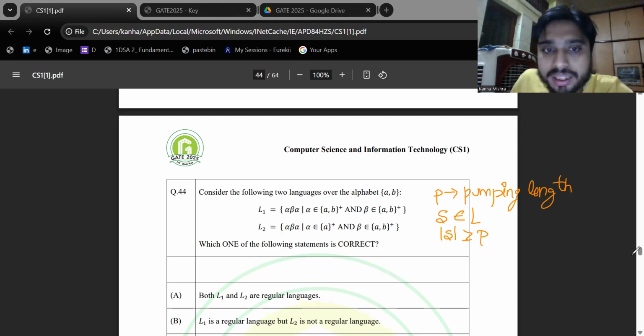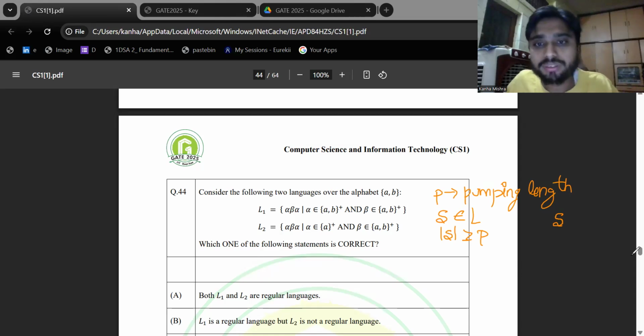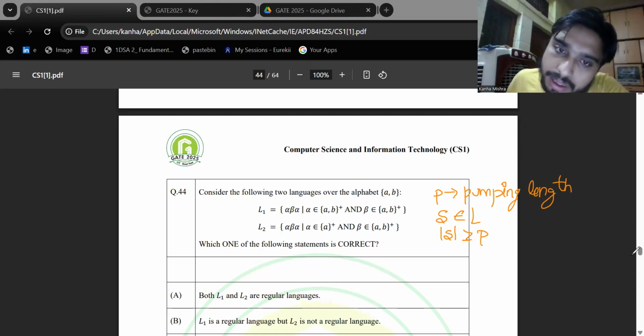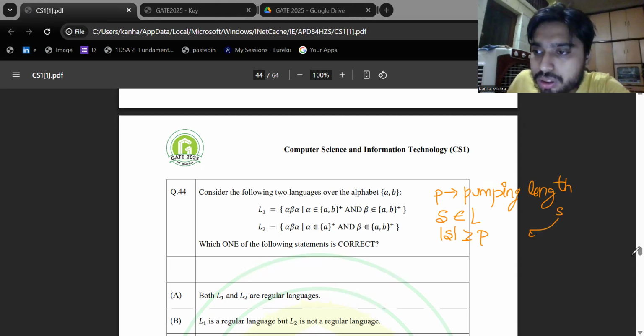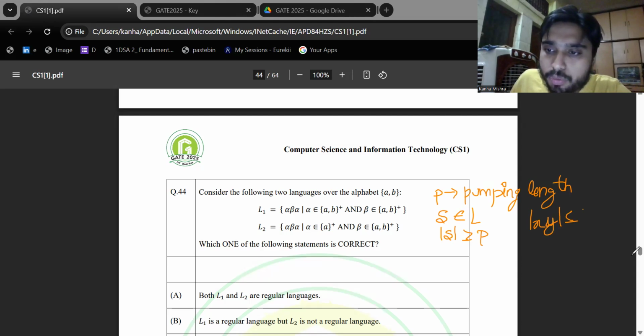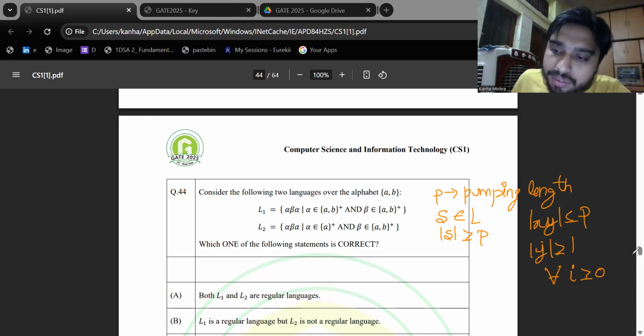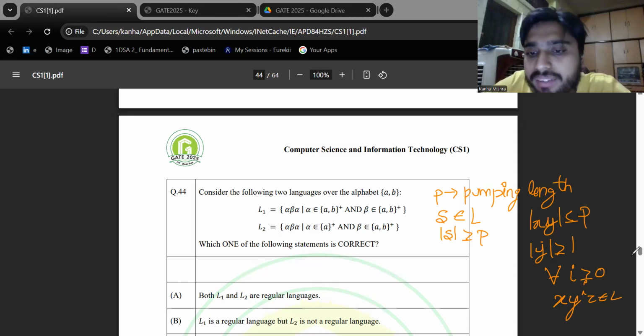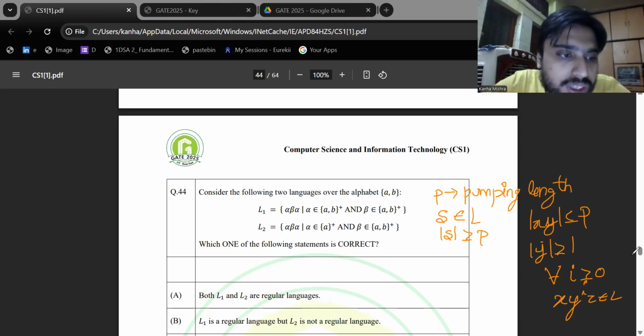So a string s can be split into some x, y, z, such that the length of xy is less than or equal to p, the length of y is greater than or equal to 1, and for i greater than or equal to 0, x y to the power i z belongs to L. If we can find a string in a language that cannot be pumped, then the language is not regular.